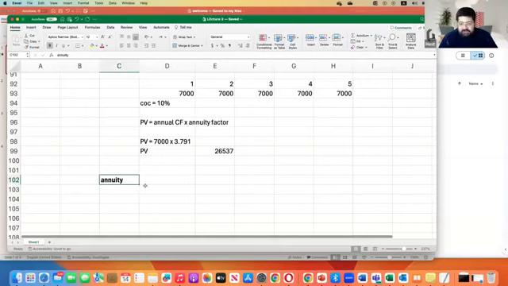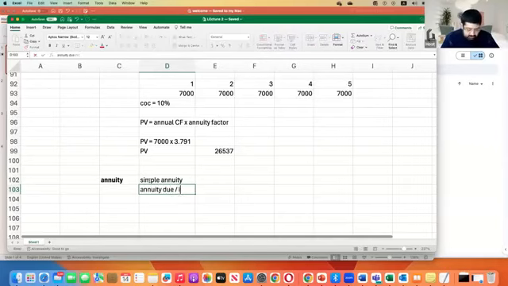So annuity is of 3 types. One is simple annuity. The second is annuity due or in advance. And annuity delayed or deferred.